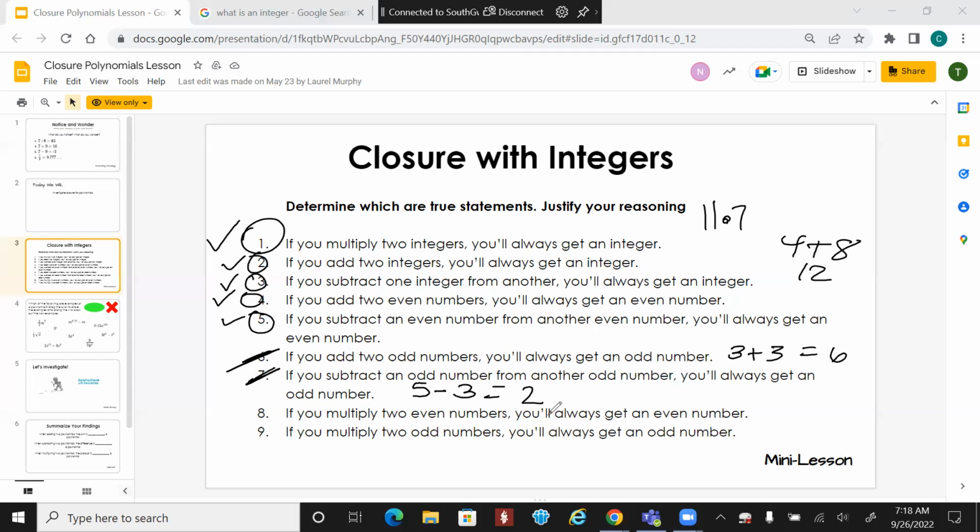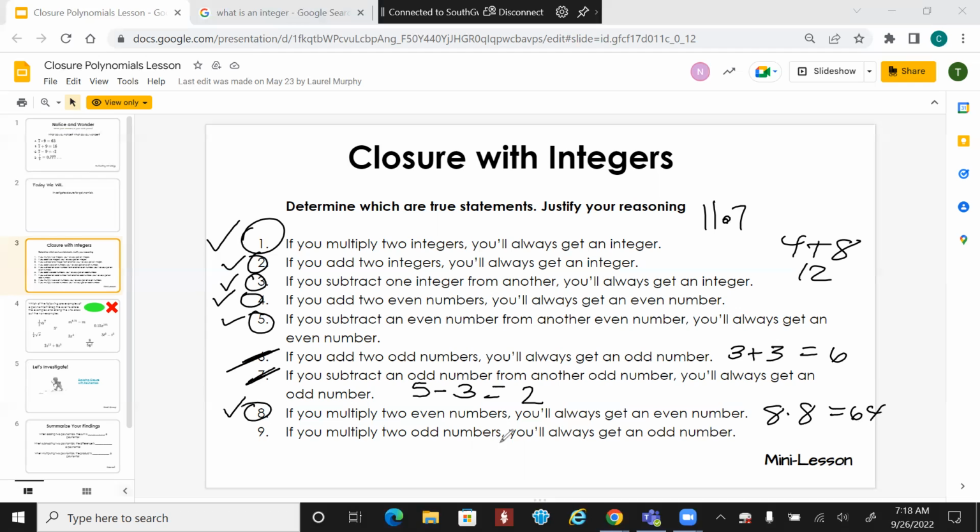Okay. Before you check it, 8 times 8 gives us 64. Is there any other example that you can think of that wouldn't work? 10 times 2, 10 times 4. All right, I'm thinking that one works, right?